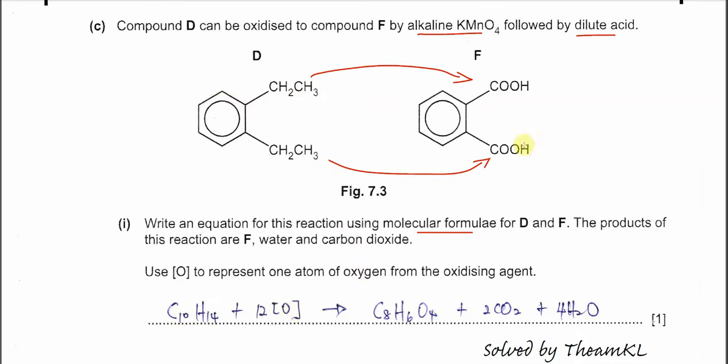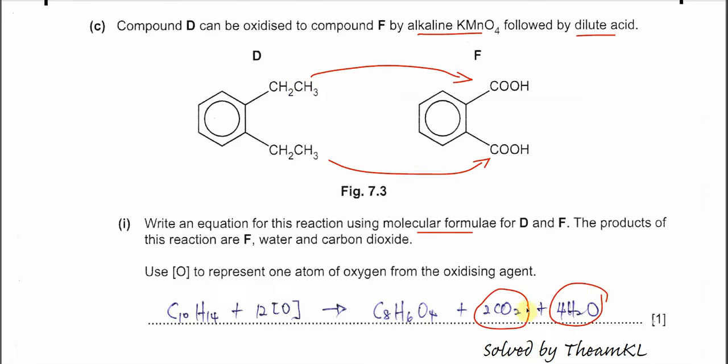And the product, you just count how many carbon, total 8 carbon. Hydrogen is 1, 2, 3, 4, 5, 6. So 6 hydrogen, oxygen is total 4. And because of the side chain here, this ethyl group, one of the carbons and the hydrogens is being oxidized. So you must put CO2 and H2O.